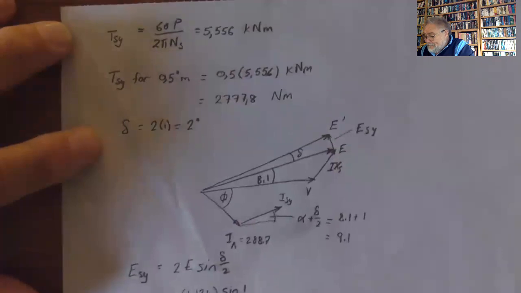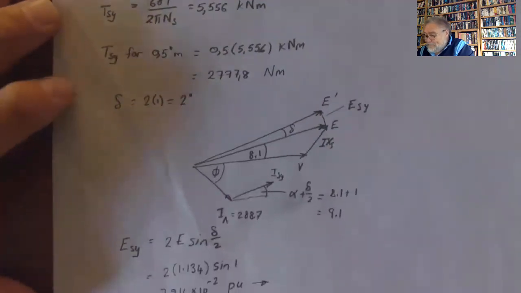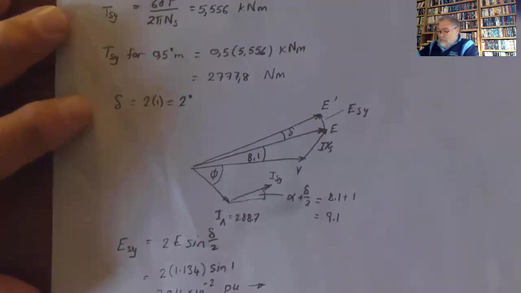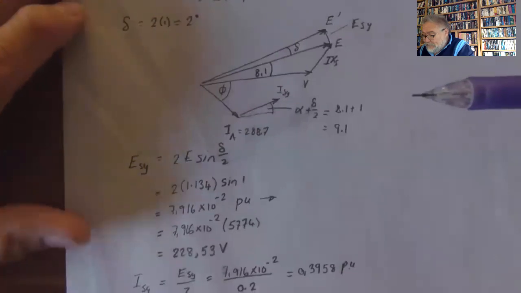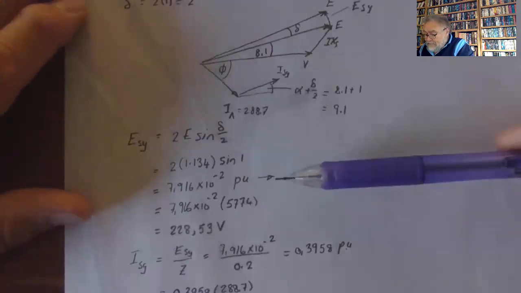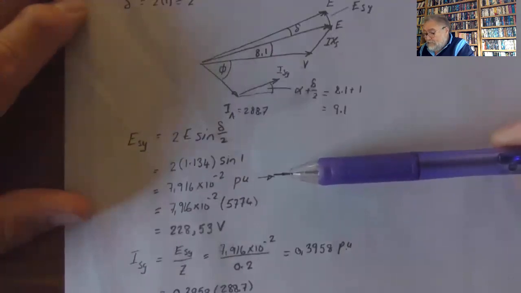Now delta is 2 times 1 because it's per mechanical degree, so therefore it becomes 2 degrees. And the synchronizing EMF is 2E sine delta over 2, which gives us a value of 7.916 times 10 to the minus 2 per unit.